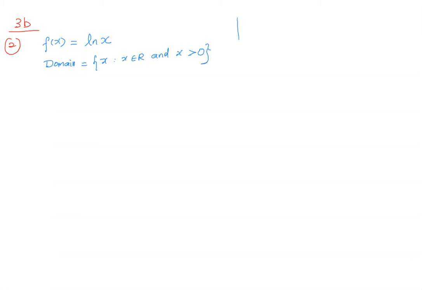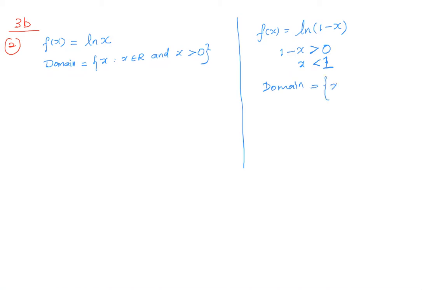Every time you see a ln function, for example, I give you an ln function like that, you straight away have to put this. Correct? Then you write down the domain. So you see, habit.